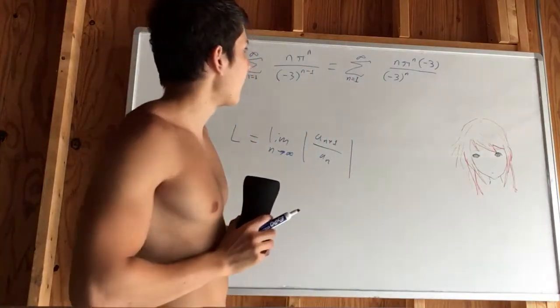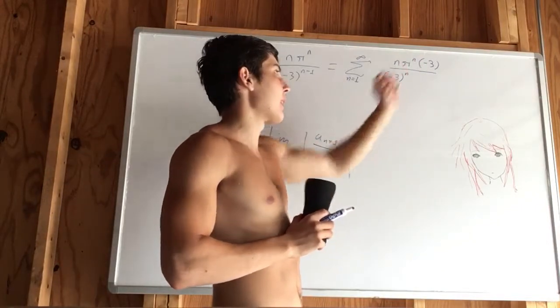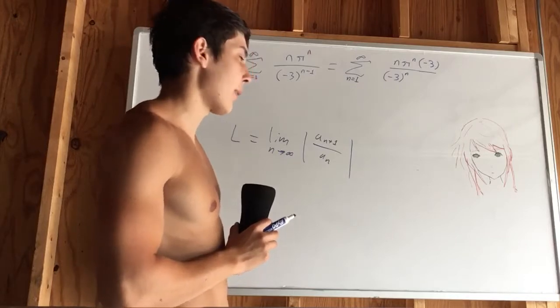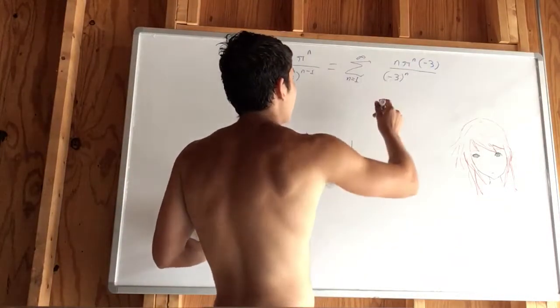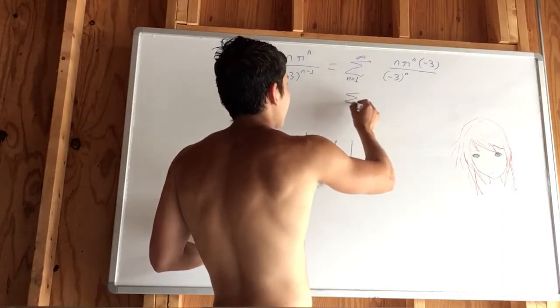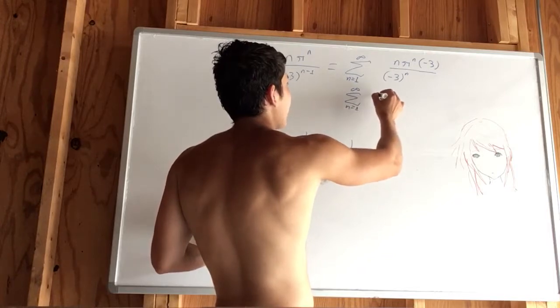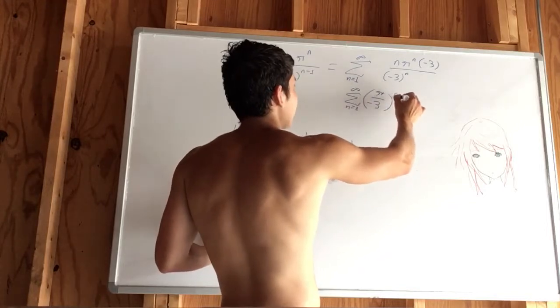And now we can notice that we have something to the power of n, and we have another thing to the power of n, namely pi in the numerator and negative 3 in the denominator. So we can bring that into its own thing. The sum from n equals 1, and we have pi over negative 3, and this is all to the power of n.